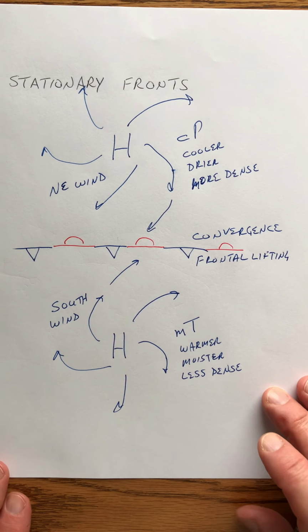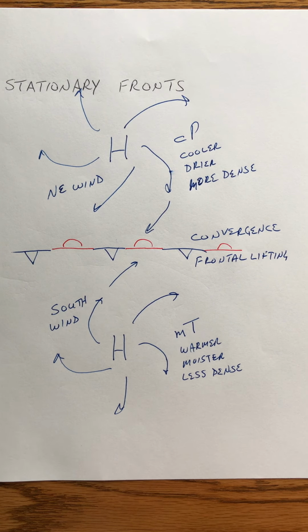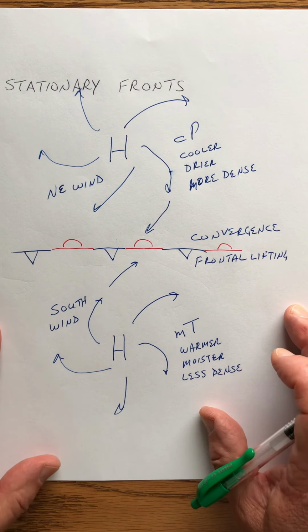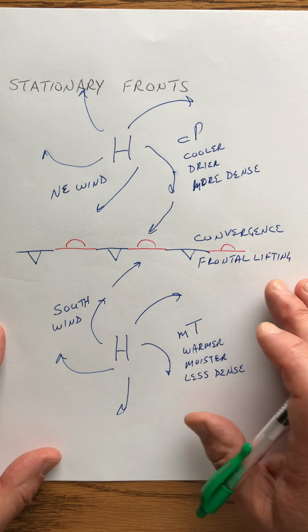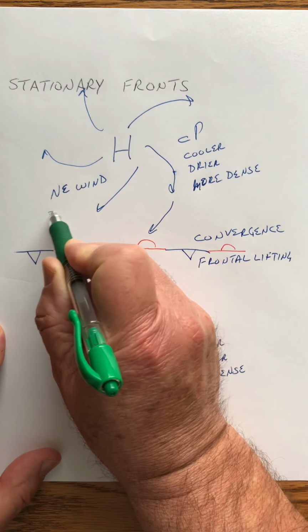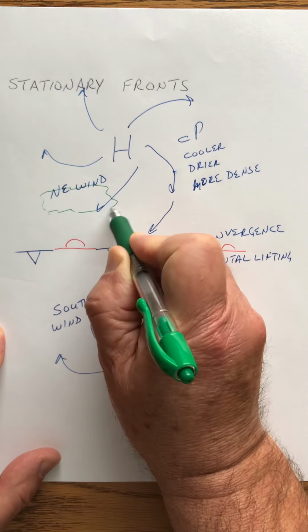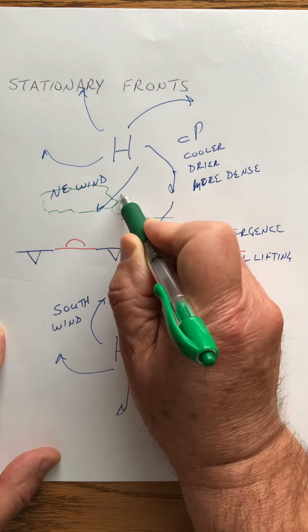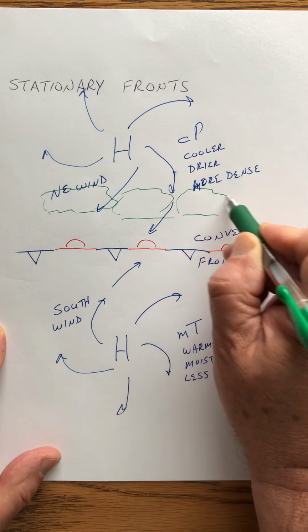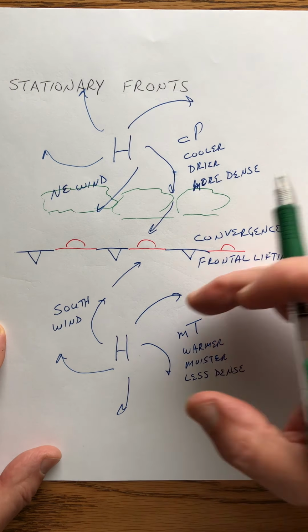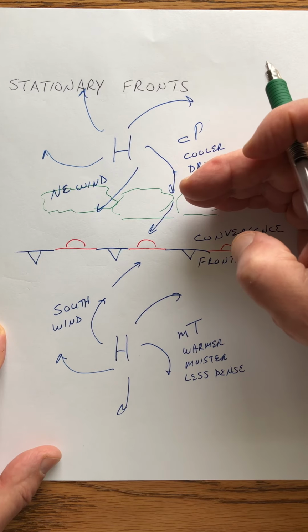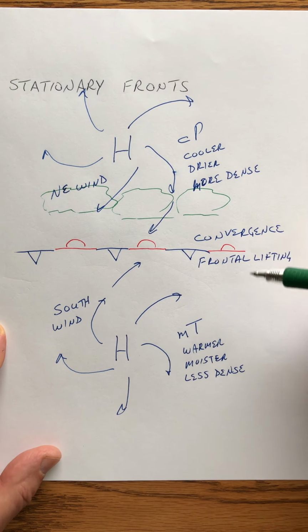And so that's just what's going to happen: the air is going to rise, and the clouds and precipitation associated with the stationary front are pretty similar to that associated with a warm front. So any clouds are typically going to be to the north of a stationary front, and that's where the precipitation would also occur, ahead of or to the north of a stationary front.